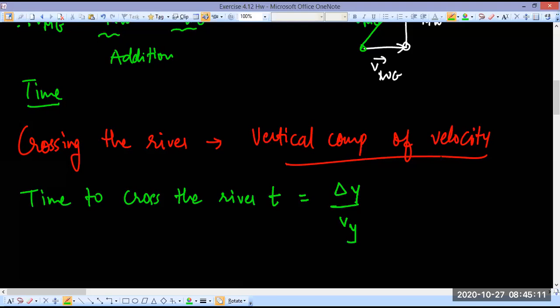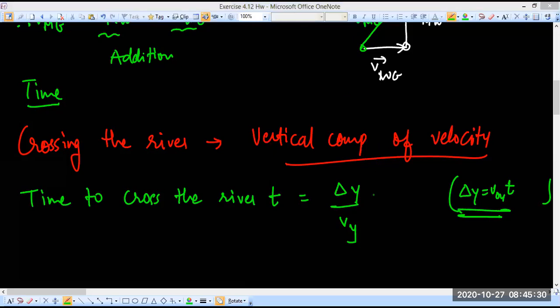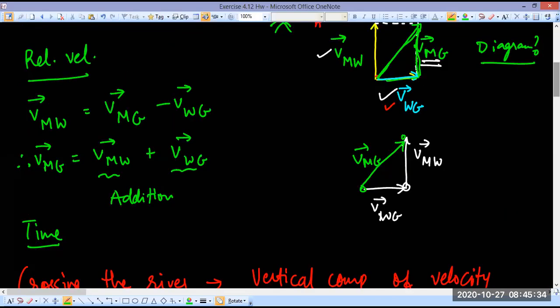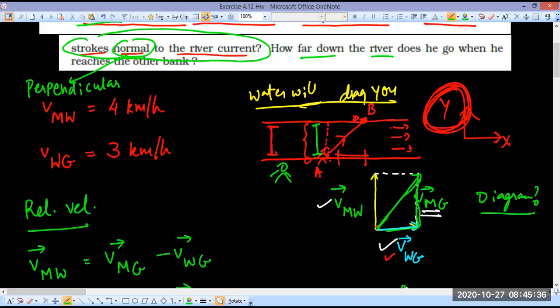Clear? This is actually the same as delta y equal to v0y t plus half ay t square, but there is no need to make it so long, because there is no acceleration. So you get this and just divide on that side. Let's keep it very simple. What is delta y? Delta y means here, this one, so that is width of river, isn't it? Delta y means width of river.